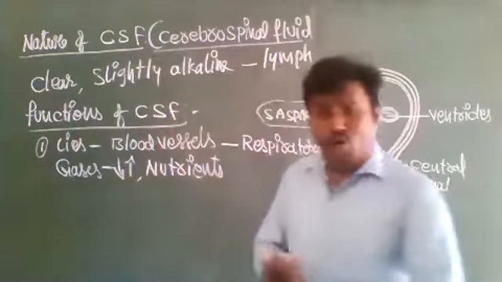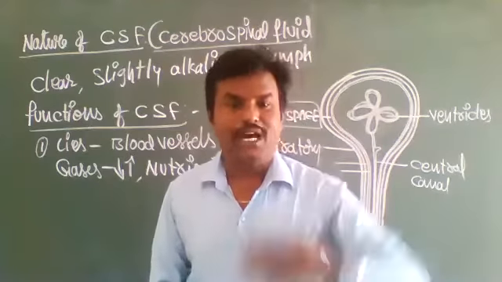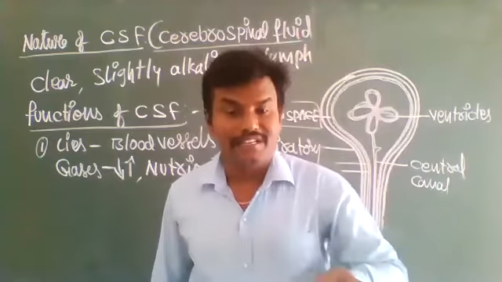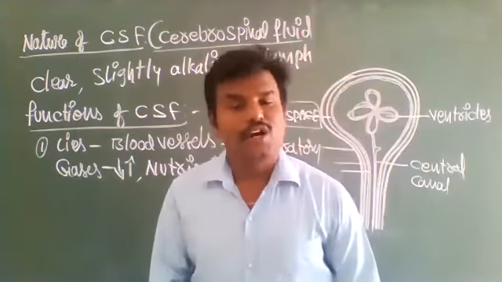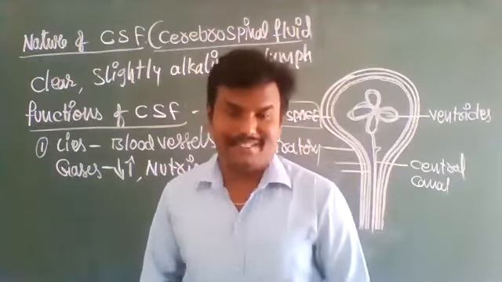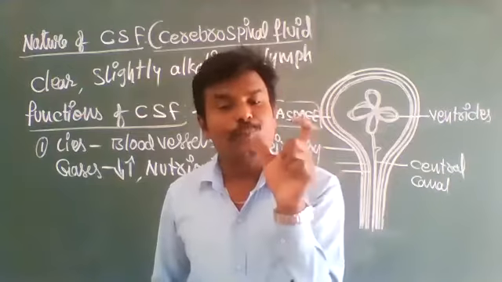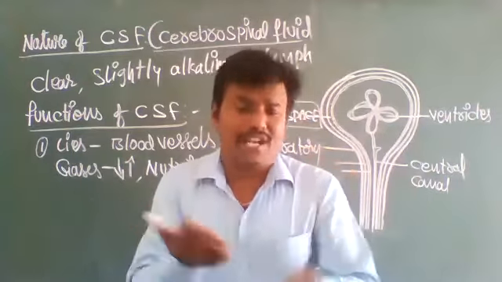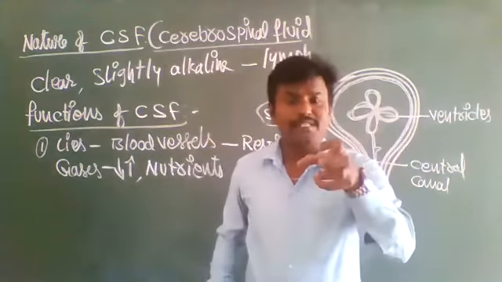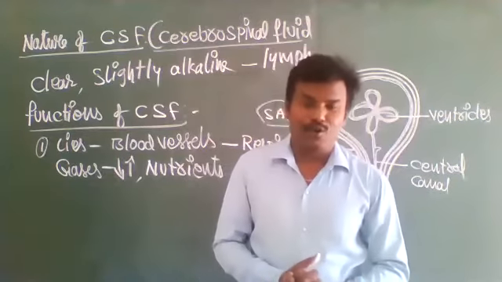The brain alone takes 2% of oxygen. Out of 100% of inhaled oxygen, the brain alone takes 2 to 5% of oxygen. In some people it is 2, exactly we cannot say that. 2 to 5% of oxygen is absorbed by the brain alone.